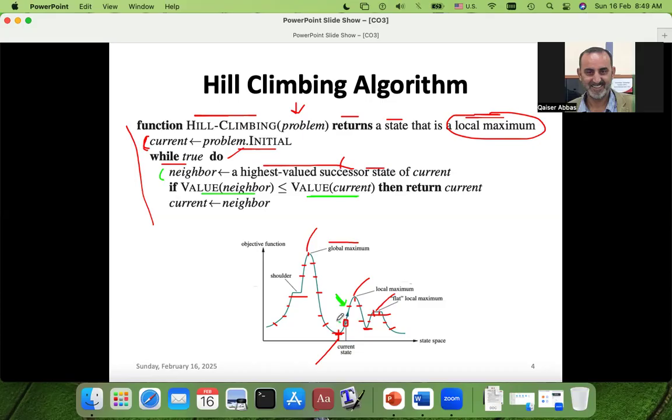This is the current, which is lower, and this is higher. So the value of the neighbor is not less or equal; the value of the neighbor is higher. So this condition is false.